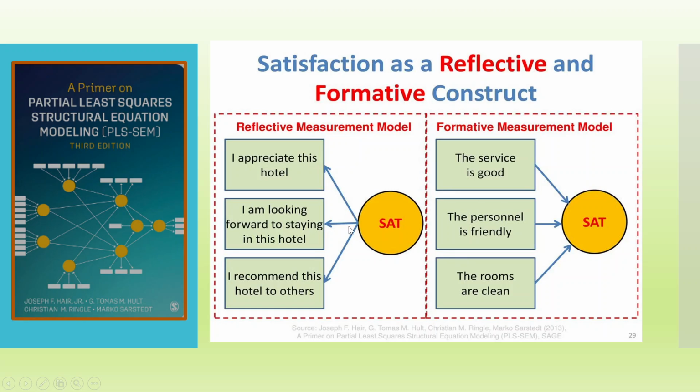If it is a reflective scale, then if a person is satisfied, he will exhibit the consequences. That is, if a person is satisfied, he will appreciate the hotel, he will look forward to stay in this hotel, he will recommend this hotel to the others. So, if your statements are more consequences oriented, which we have already discussed, then it is a reflective model.